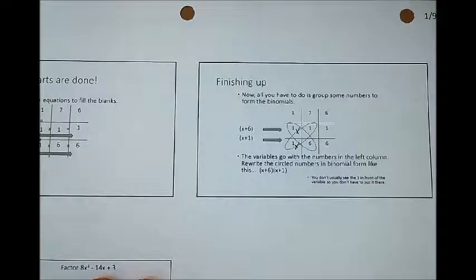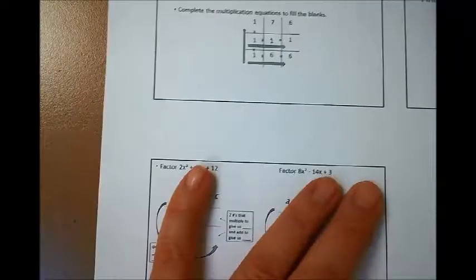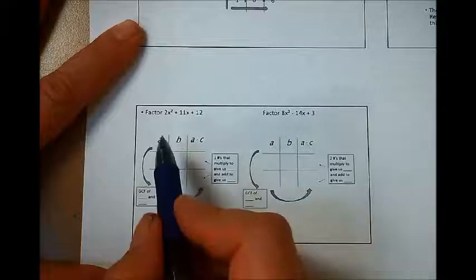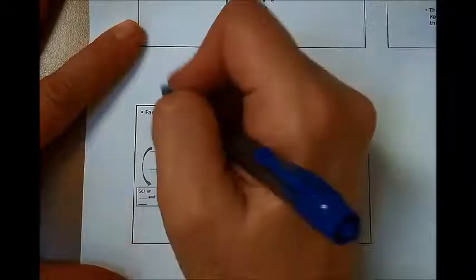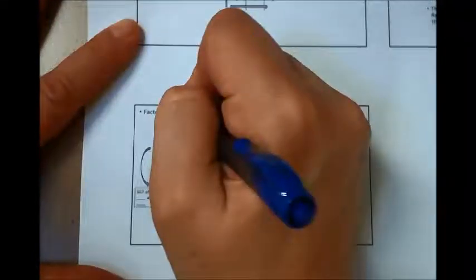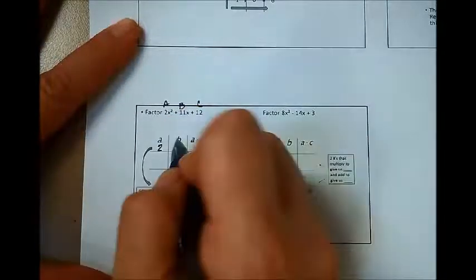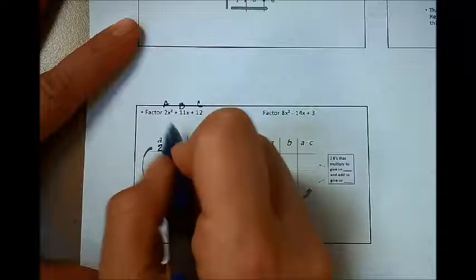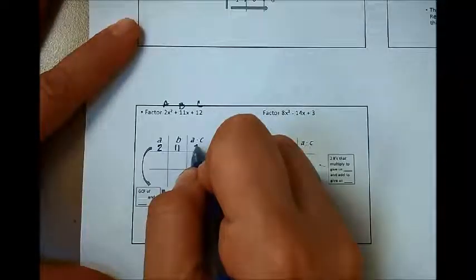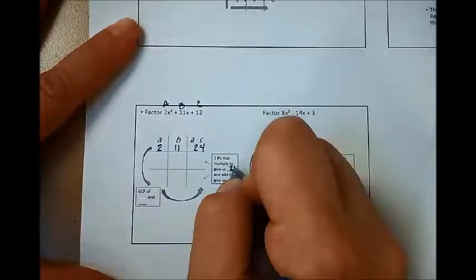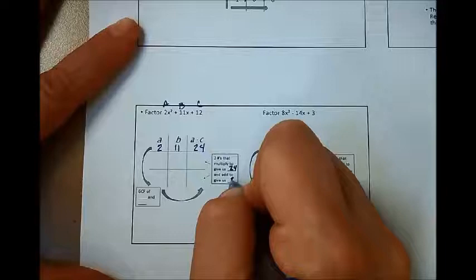So let's do a little example or two to make sure that we've got it. So on this one, we have an A of 2, a B of 11, and a C of 12. So A is 2, B is 11, 2 times 12 is 24. Now, we need 2 numbers that multiply to give us 24 and add to give us 11.